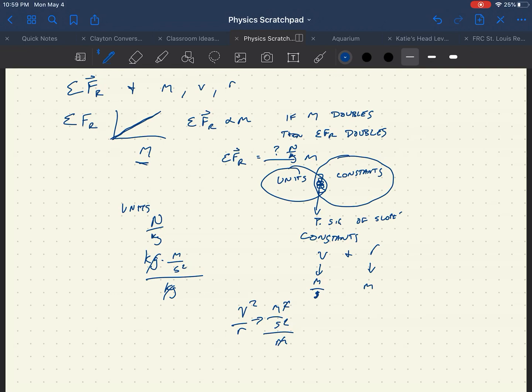And so these units come out to be meters per second squared. So what you could do now is, if you went back into your lab and you looked at your constant speed and you squared it, and then you divided it by your constant radius, then hopefully that number would be the same number you had for the slope of your graph up here.